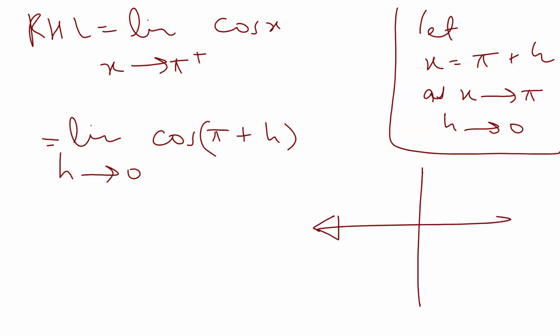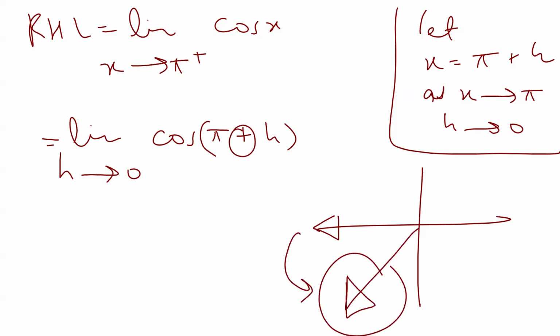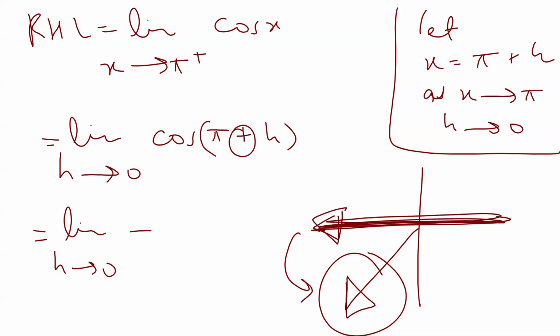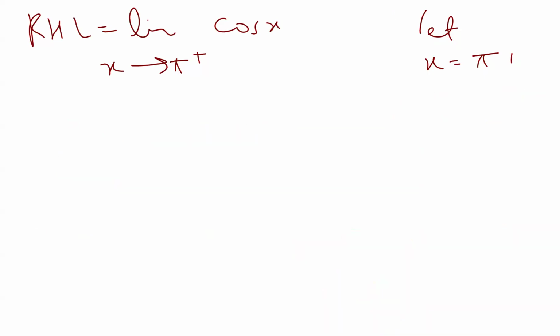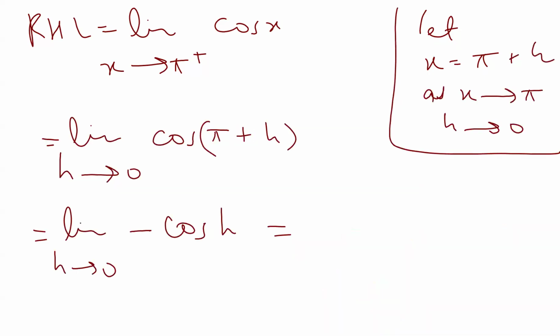Pi is 180 degrees. Everybody is aware of that. Plus indicates anti-clockwise direction. So in this quadrant, your cos is negative. Pi is on the x-axis. Cos remains cos. Cos h. Okay. So this was taught to you in grade 11. So minus cos 0. Cos 0 is 1. So this is minus 1.